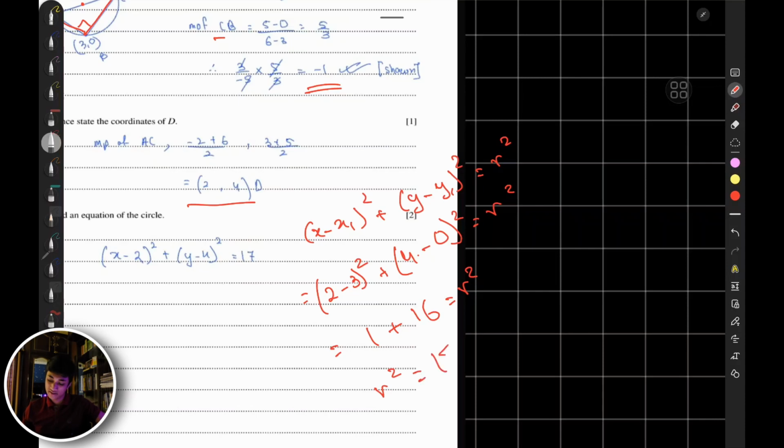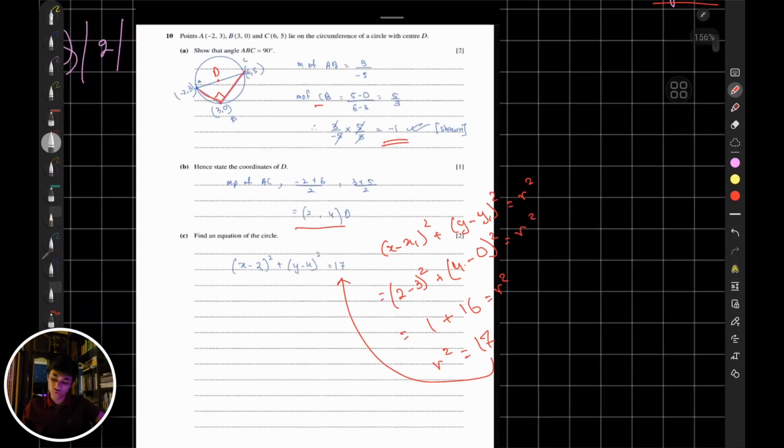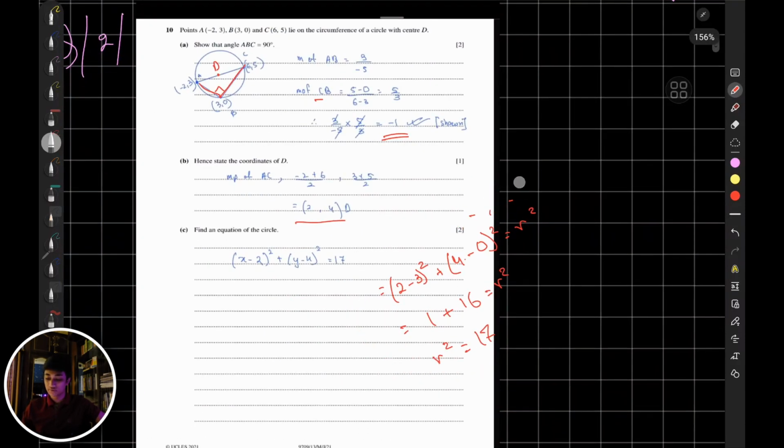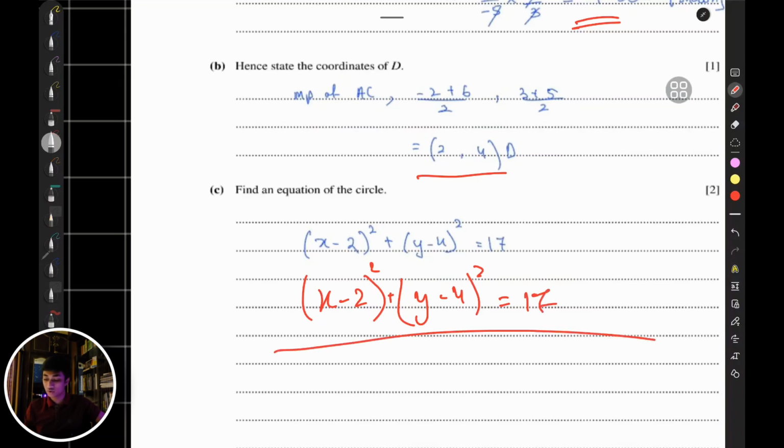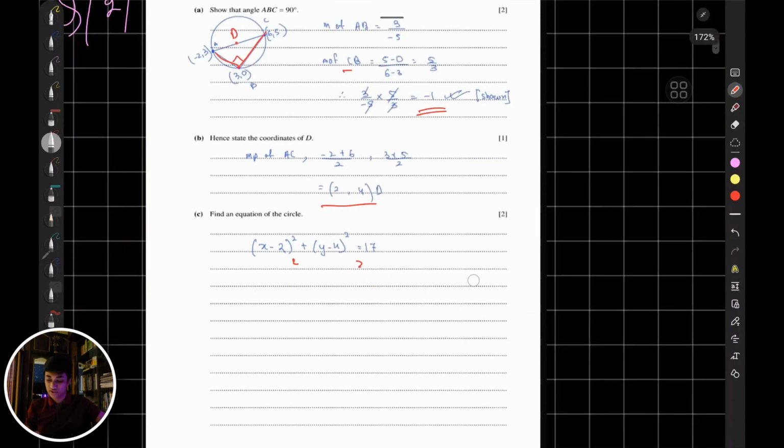So r square is actually 17 as shown over here. So you get the radius squared, and you know the center of the circle. So x minus the center, which is 2, y minus the center, which is 4, and add them and put a square above them. That is your circle equation. This is your r square, right? So that is your equation of circle.